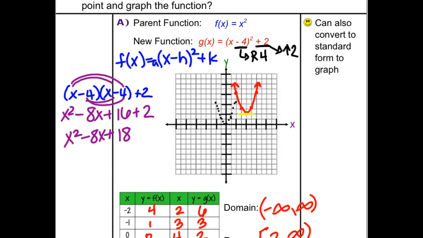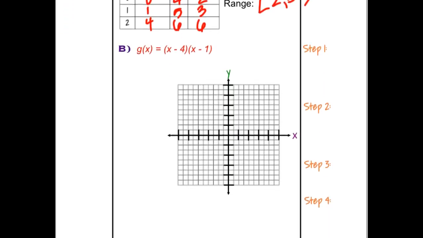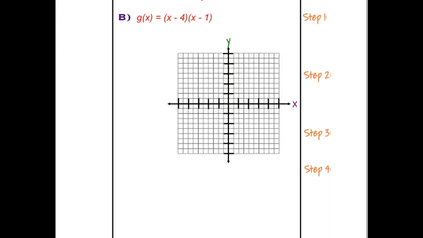I encourage you to get used to doing it in terms of how it moves. But if you insist upon putting it into standard form, absolutely, you will have to be able to put it into standard form anyways for your quiz and your test. Second type of problem we got, factored form. So the first thing we're going to do with factored form, since it's factored, is we're going to find our x-intercepts using the zero product property.